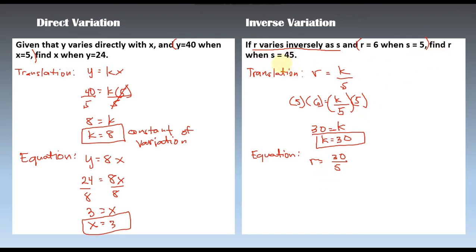So again, substitute 45 for the variable S to solve for the value of R. So R equals 30 over 45. Let's simplify this, and this will give us 2/3. And now we have solved for the value of R.